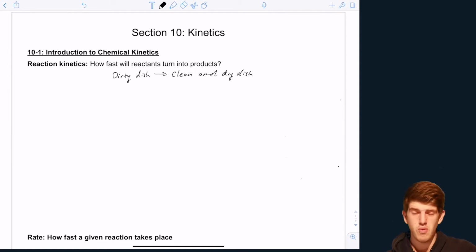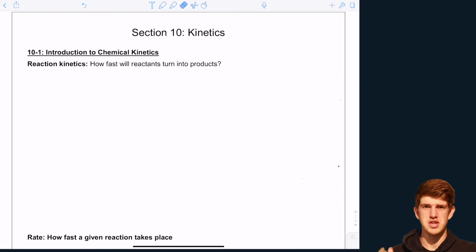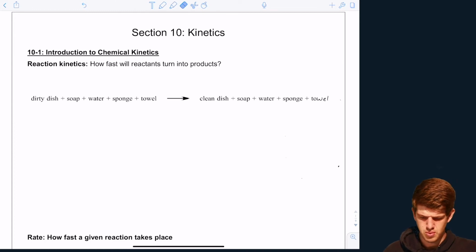So, what is actually involved in doing dishes? Well, it's not just a dirty dish and then a clean dish. There's a number of different things you have to use, right? Some of those things include soap, water, a sponge, and a towel, and that'll convert the dirty dish into the clean dish.